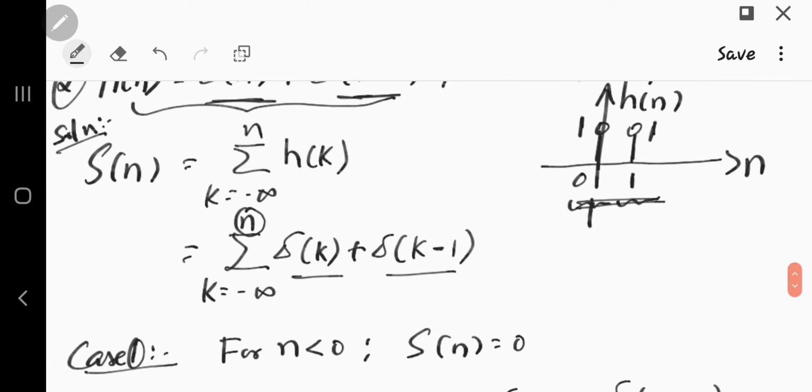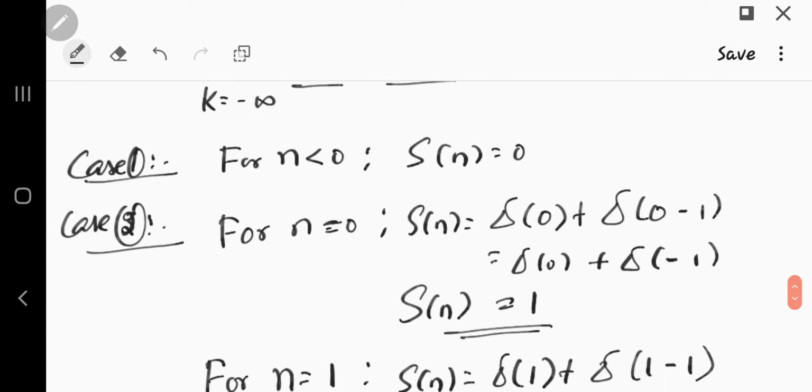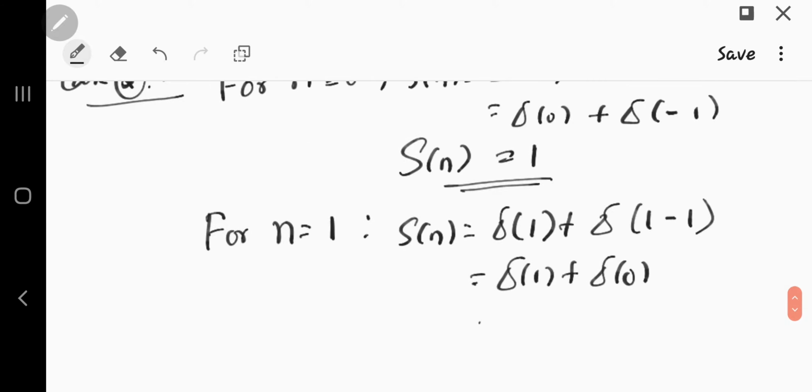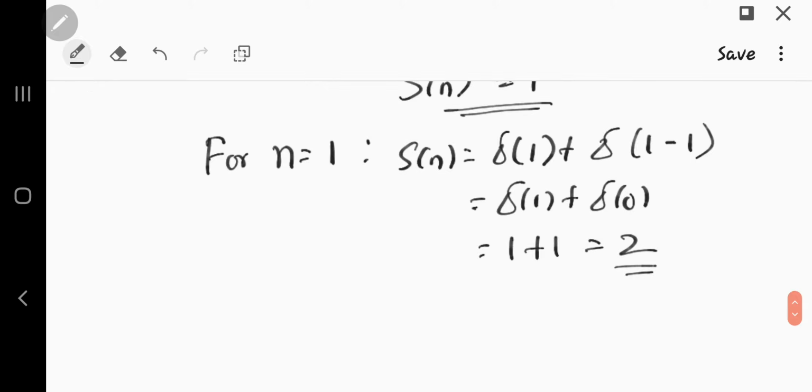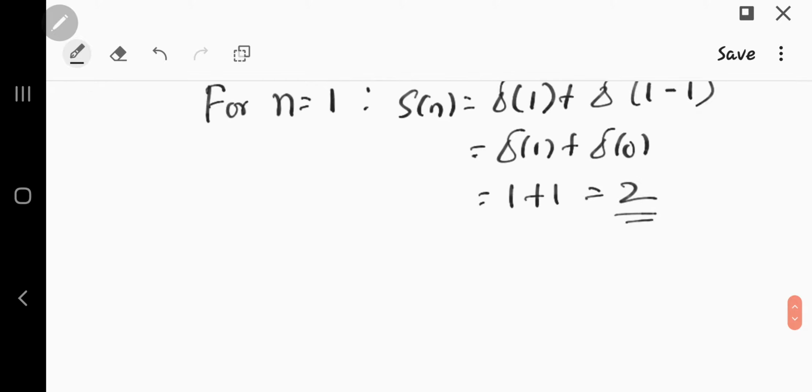So we have these two signals at 0 and 1. So what we get? 1 plus 0. So you can say that 1 plus 1, that is equal to 2. So you can conclude like this.